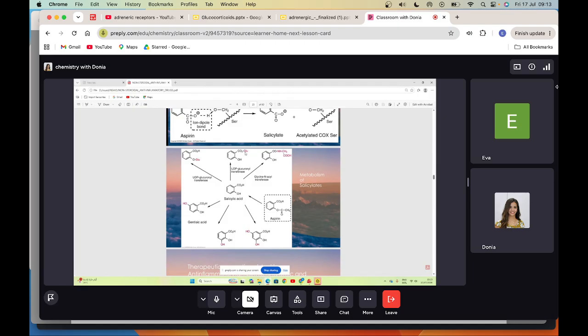So glucuronic acid can be attached to the COOH or the OH, either here or here. Or it can be attached to the amino acid glycine. The aspirin itself would undergo ester hydrolysis to give salicylic acid, and then it can undergo one of these metabolites.